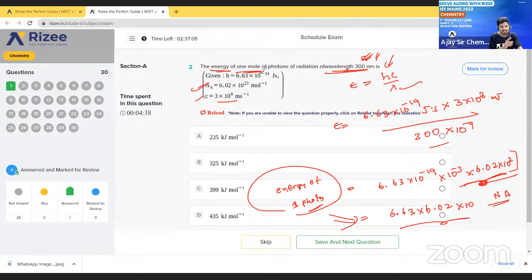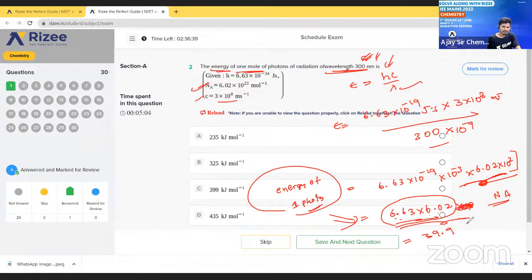So 1 photon is different and 1 mole of photon is different. So see here, we have to multiply with 10. 6.63 into 6.02, how much will we get?